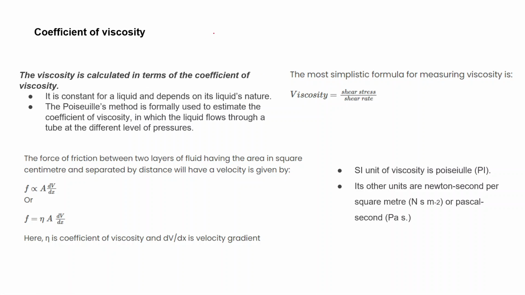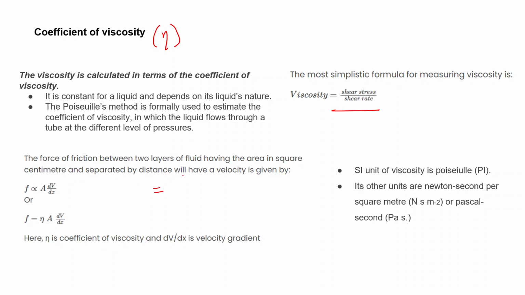The symbol usually used for the coefficient of viscosity is the Greek letter eta. The simplest formula for measuring viscosity is shear stress upon shear rate. Keeping this formula in mind, the viscosity is the shear stress divided by the shear rate.